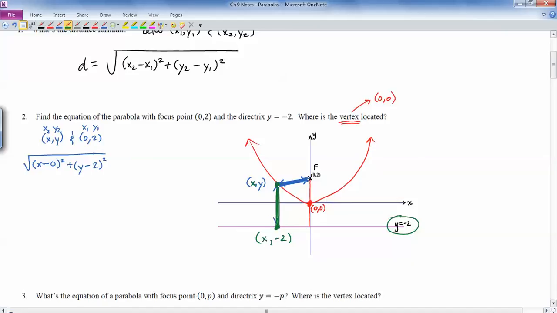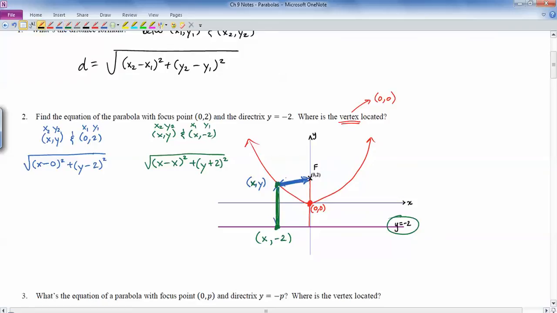So what we want now is the distance between the point (x, y) and (x, -2). I'll call this one (x2, y2), and this one (x1, y1). Plugging into the distance formula, it's x minus x, squared, plus y minus -2, squared.